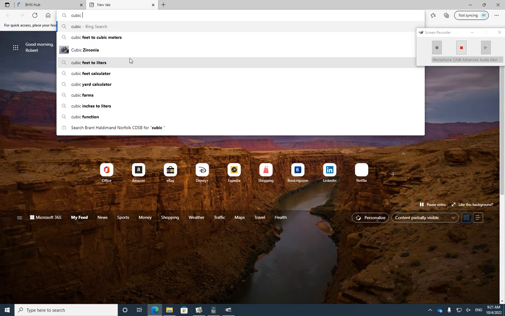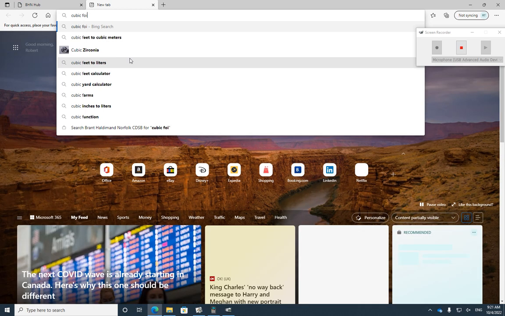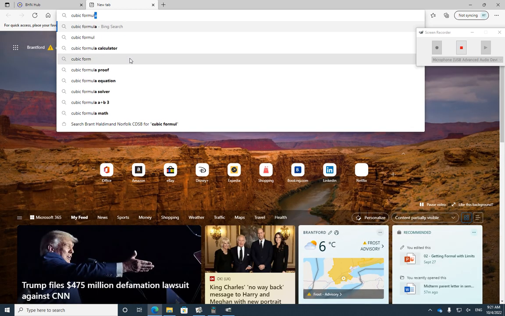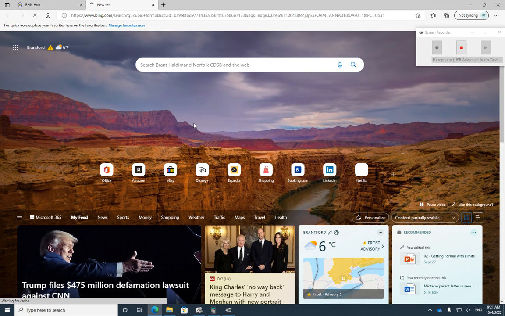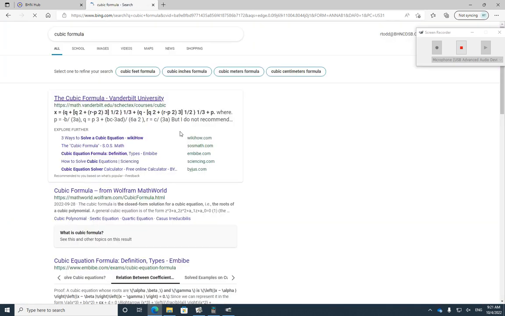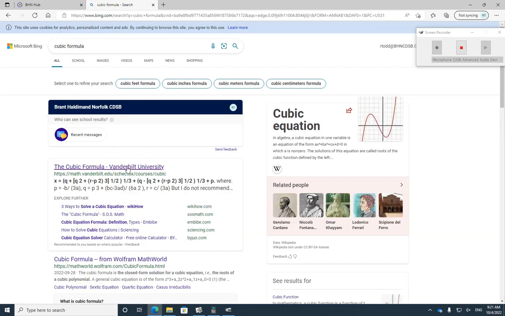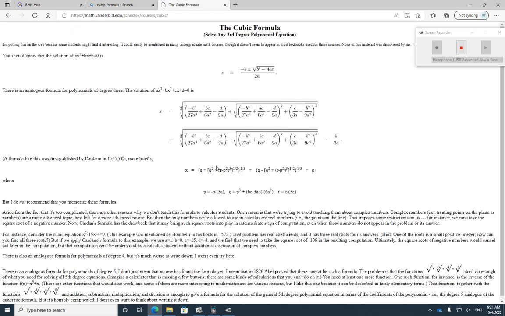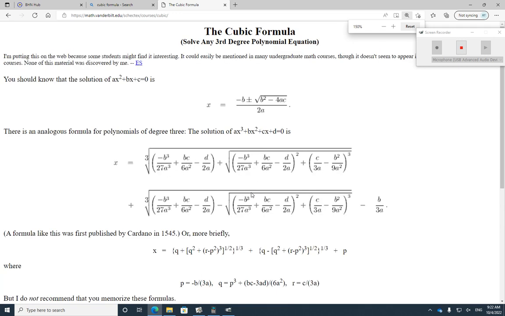There's somebody out there who had just enough time to come up with a formula for cubics. The cubic formula. Remember x equals negative b plus or minus square root of b squared minus 4ac? There's the cubic formula. Oh, it's way worse than it looks.